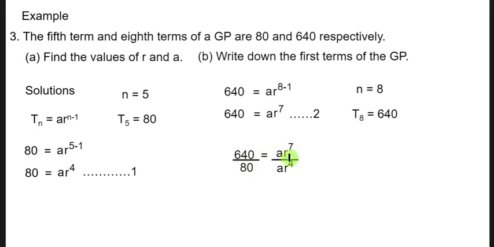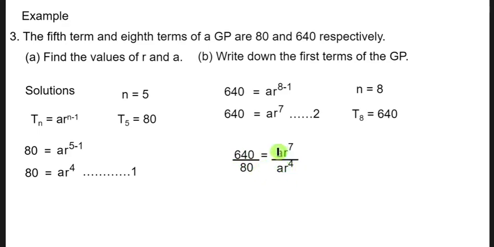Yes, it is making sense, since 80 is also AR^4. We are not altering the equation, because we are dividing by the same value on the same side of the equal sign. That's why it is okay that way.